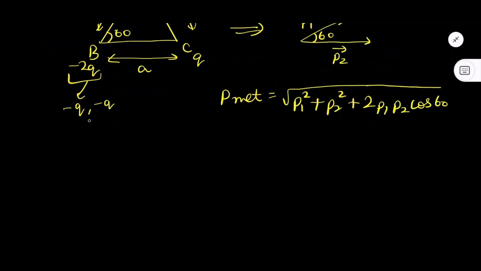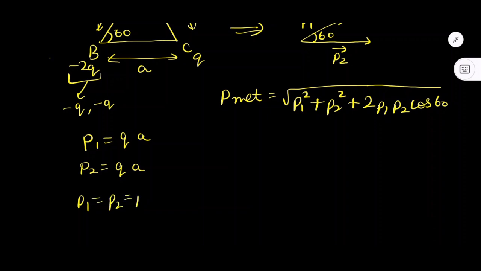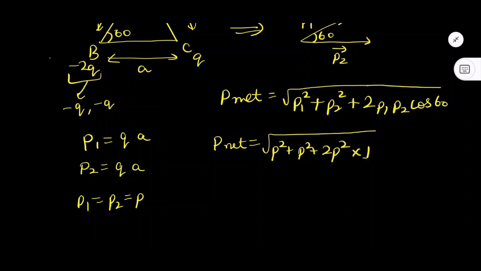Now the value of P1 will be Q charge into A, and similarly P2 will also be charge into A. Let me call it P1 equal to P2 equal to P. So P net will be under root P square plus P square plus 2 P into P, which is P square, and cos 60 will be half.